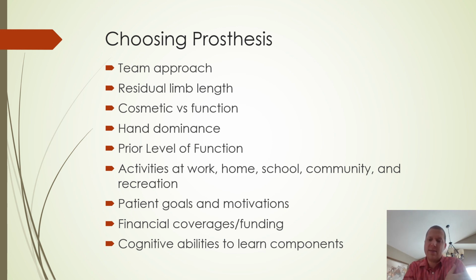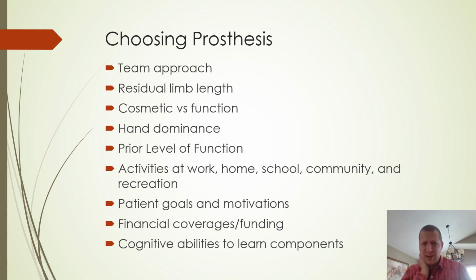In the video that I'm going to have you watch, there's an older lady who has an upper arm amputation, and so there's a strap that goes behind her head, and she can work it with some shoulder elevation to get her other arm to work. So when you choose a prosthesis, it's going to look different based on what limb length you have to work with, again taking into account what our client wants or needs.